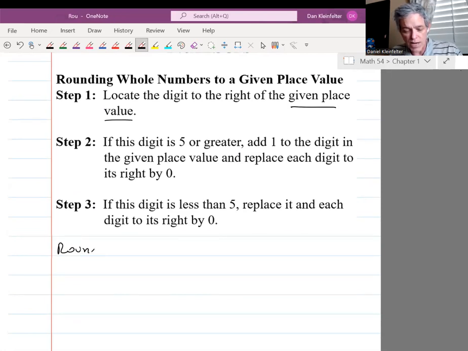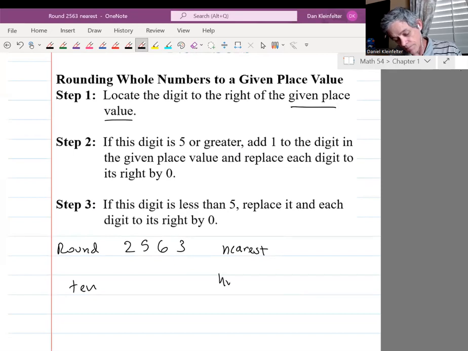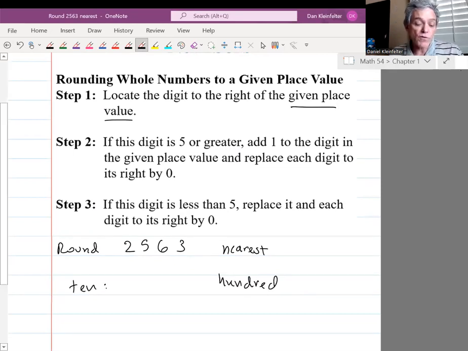So we're going to round 2,563 to the nearest, let's do 10, then 100. Okay, and then you'll see what I mean. First we're going to round this one number, 2,563, to the nearest 10. What digit is in the tens place?